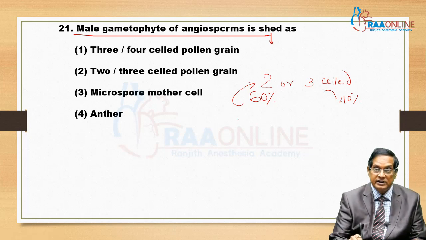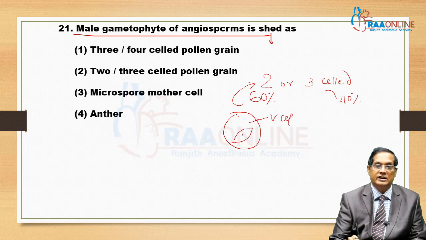If it is released in the 2 celled stage, this is the vegetative cell, and within the cell a floating structure is the generative cell.